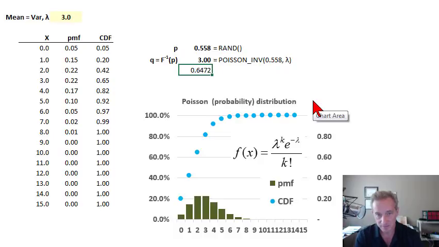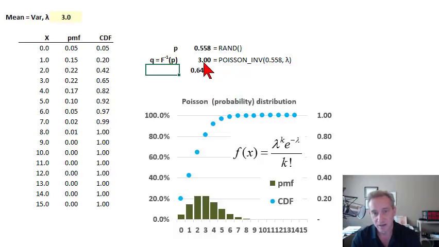And in this case, I won't get the exact value back, but you can see that's because this inverse cumulative distribution function is finding the probability that is less than or equal to the associated CDF.